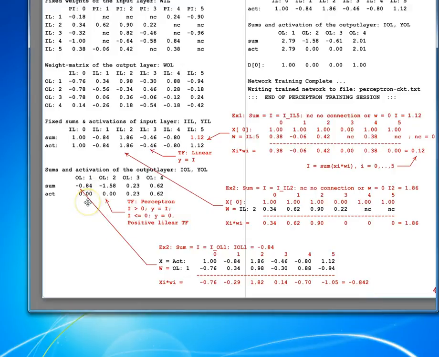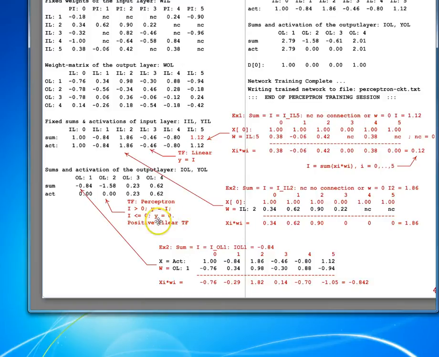And here, to get the values of y, the output weight matrix uses what is called the Perceptron transfer function. What it means is for I greater than 0, y is going to be I. If I is less than 0, y is going to be 0.